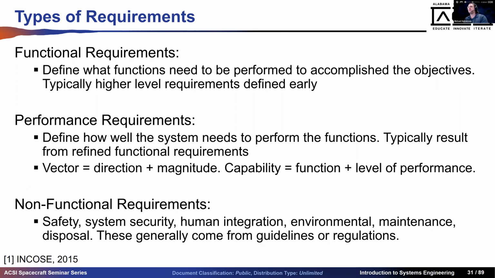Performance requirements is where you add a level of performance to the function to get a capability. And this is often likened to a vector. So if a vector has a direction and a magnitude, a capability has that function and a level of performance. Functions are unitless. Capabilities have a level of performance prescribed to that function.